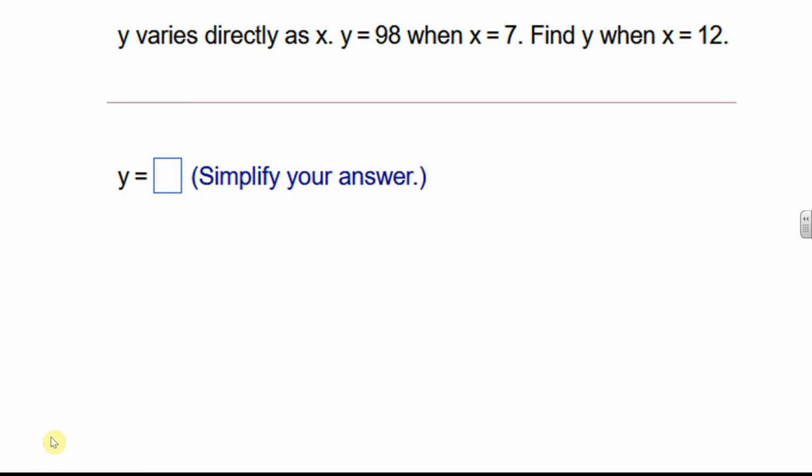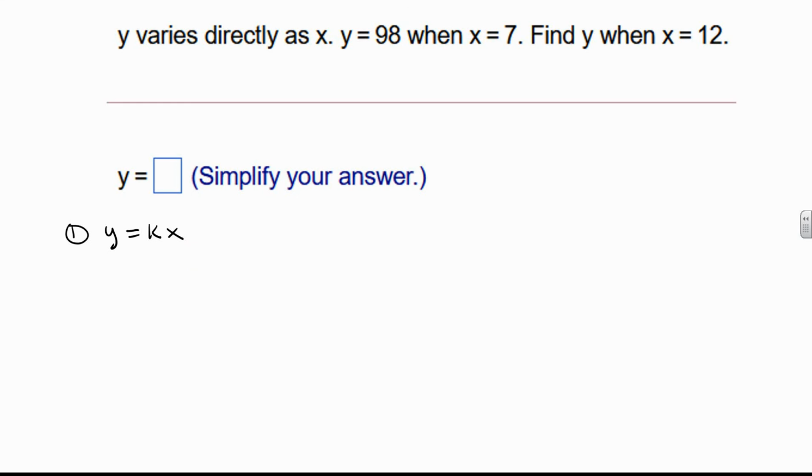All right. So here, Y varies directly as X. So when I see that statement, step number 1 says that I'm going to write this as Y is equal to some constant K times X. Do you see that? Y varies directly as X, right?